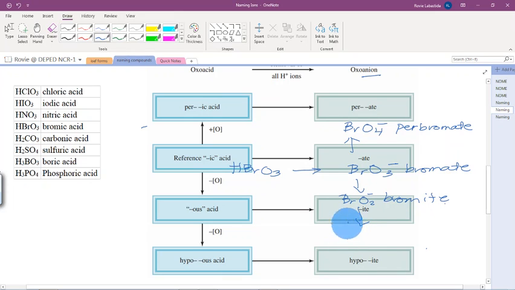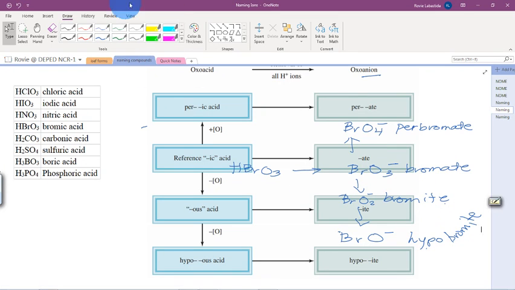Alright, so if we remove one oxygen atom again from the bromite ion, the formula will become BrO negative. And this is what we call hypobromite. Okay, there you go. Alright, so let me erase this again.